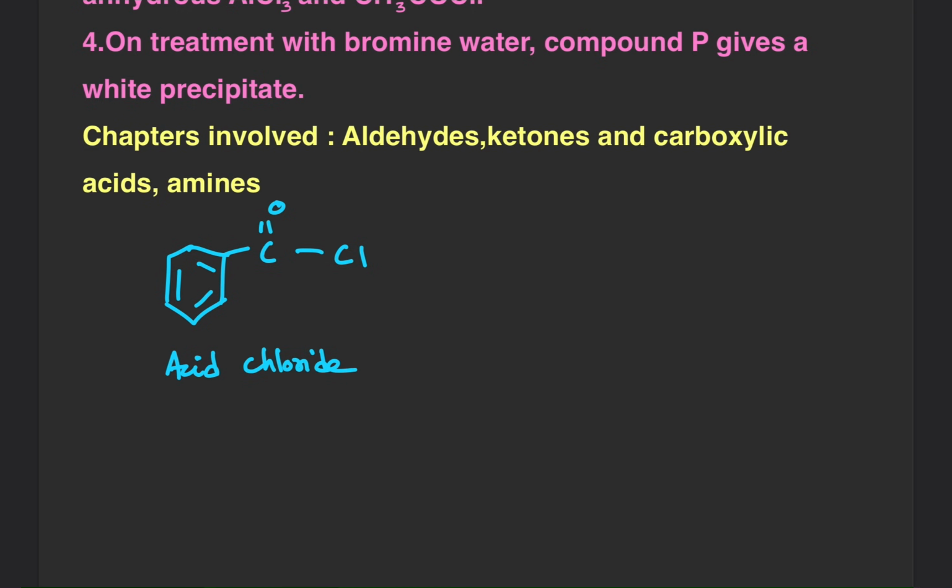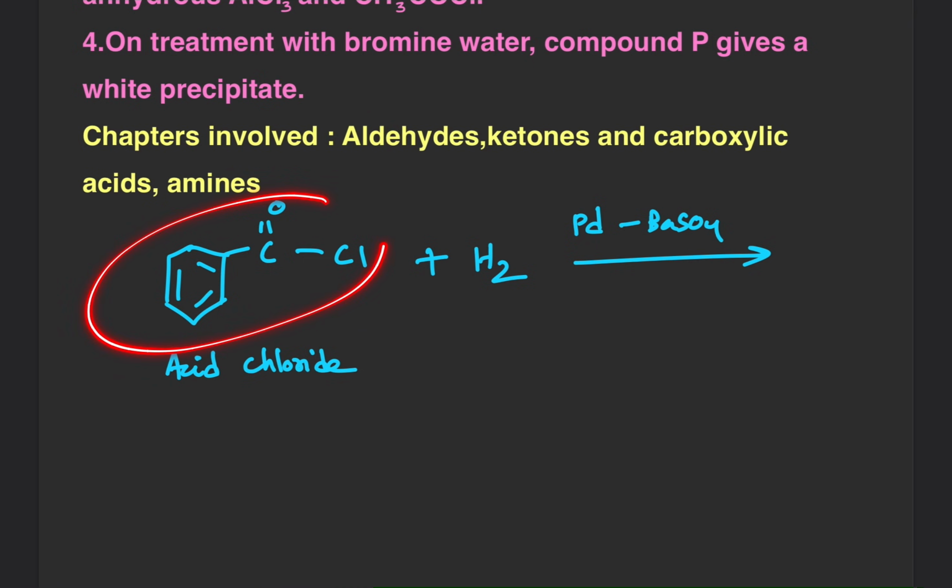And when we do its hydrogenation, that is we pass hydrogen gas through it in presence of palladium catalyst supported over barium sulfate, with respect to reactions, we have benzoyl chloride, hydrogen, and palladium supported over barium sulfate.